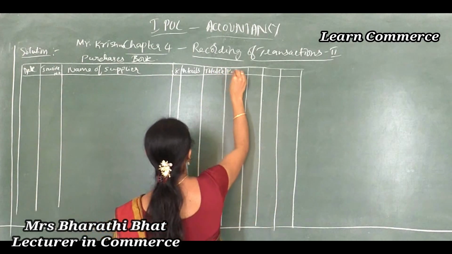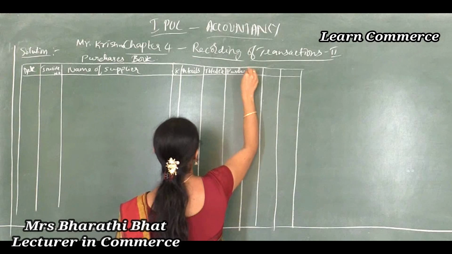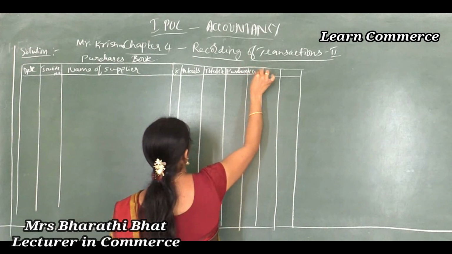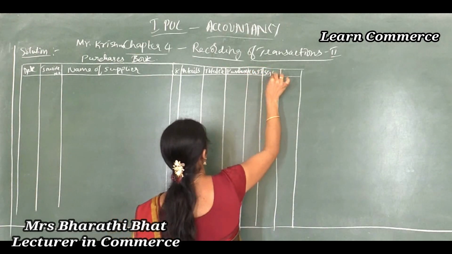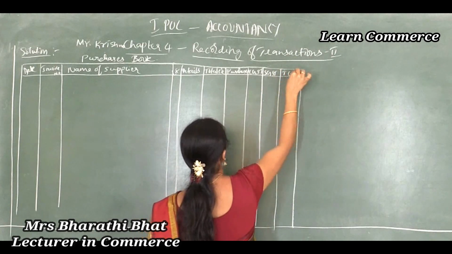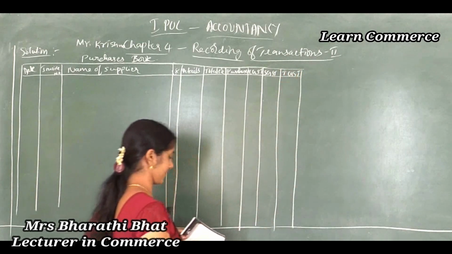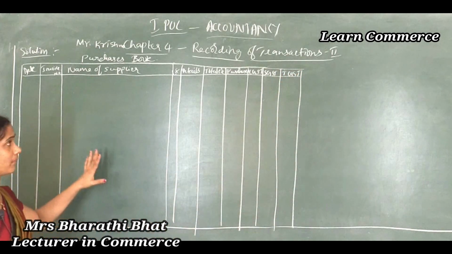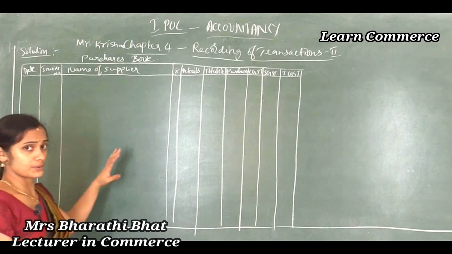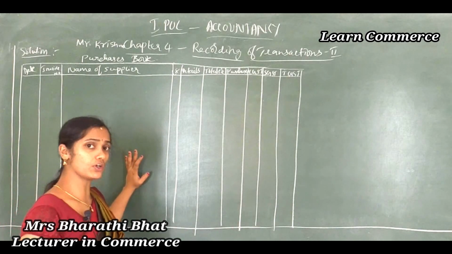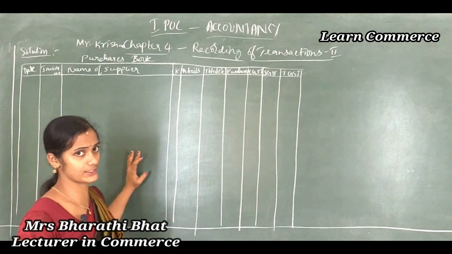Next one to record total purchases amount, here CGST, SGST, IGST. Clear? This is a format to prepare subsidiary book with the GST calculation.